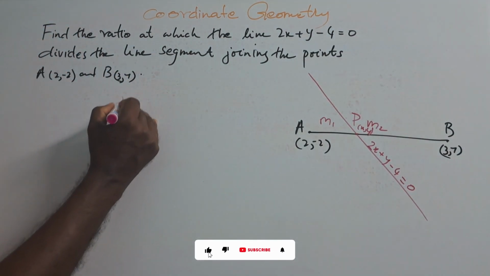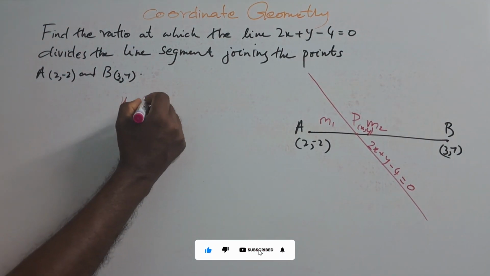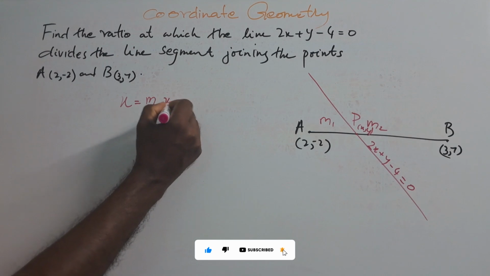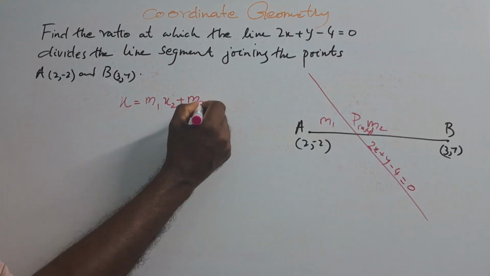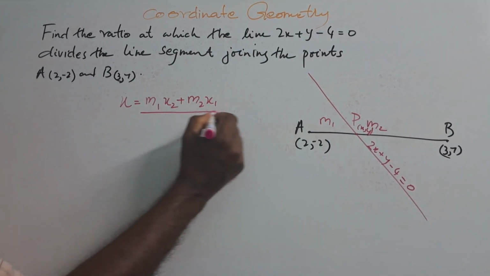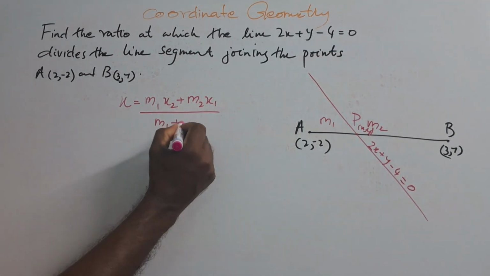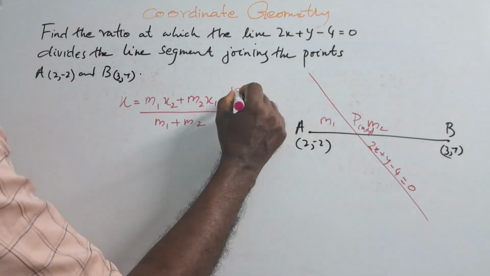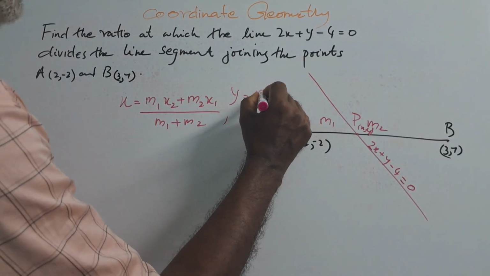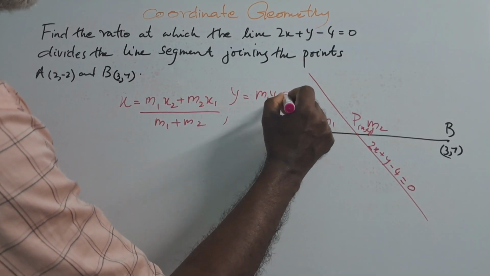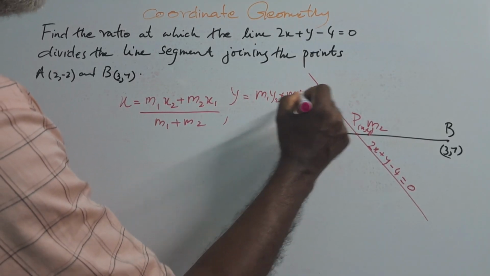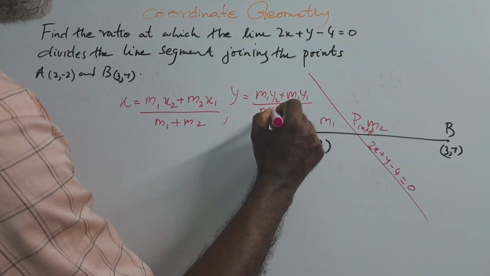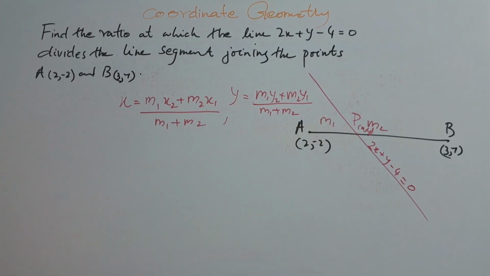You know, x is equal to m1 x2 plus m2 x1 by m1 plus m2, and y is equal to m1 y2 plus m2 y1 by m1 plus m2.